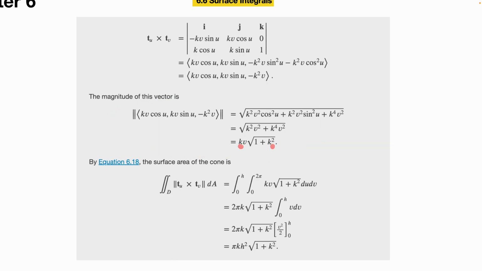K is a constant, so they're taking the k and the radical term, bringing that all the way to the front. You're then just left with v, but the first integral that you want to evaluate is with respect to u, hence you pick up a 2 pi, and so forth. Very good.